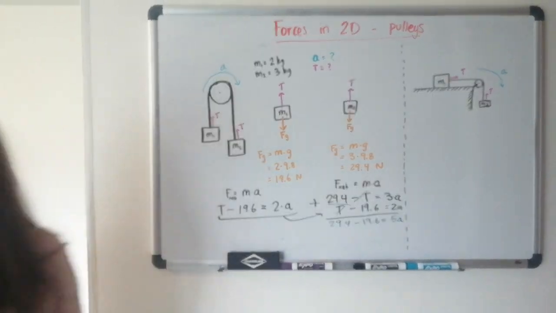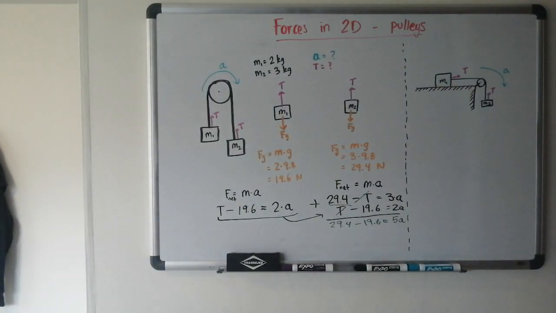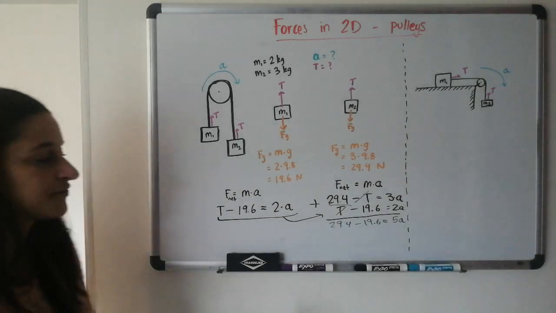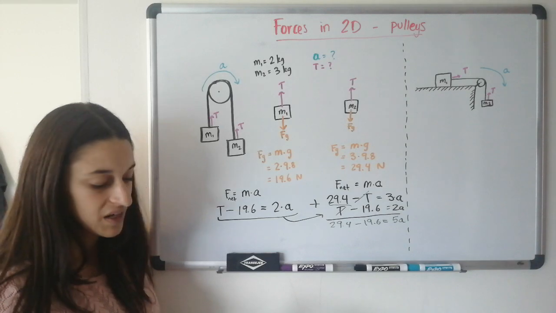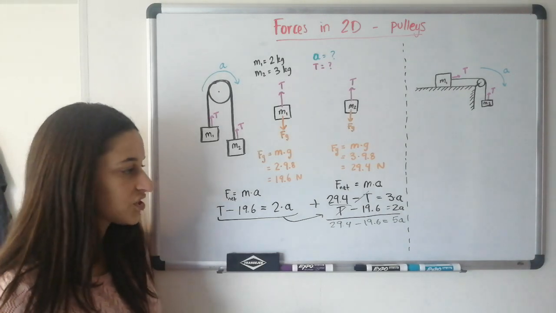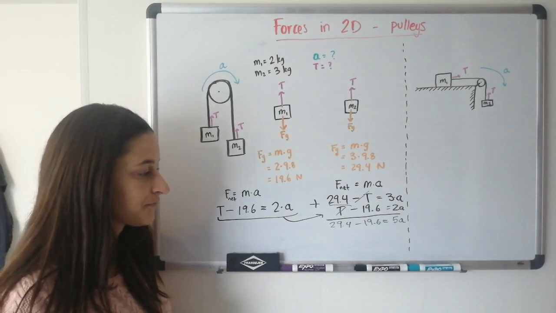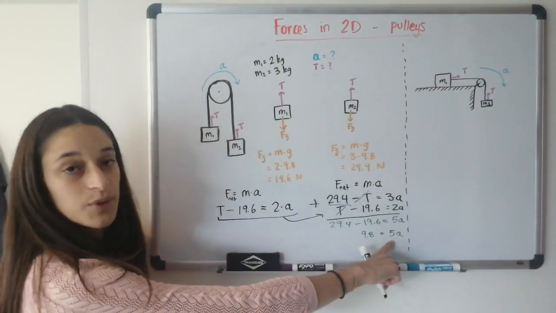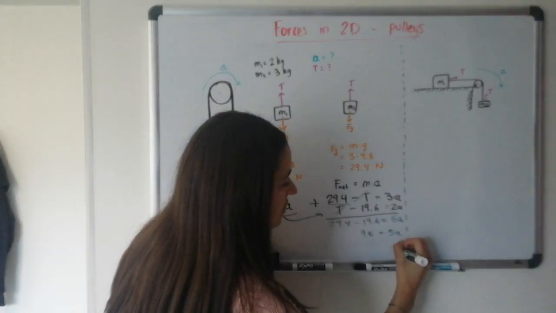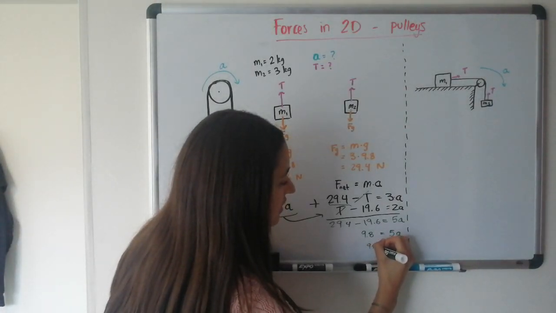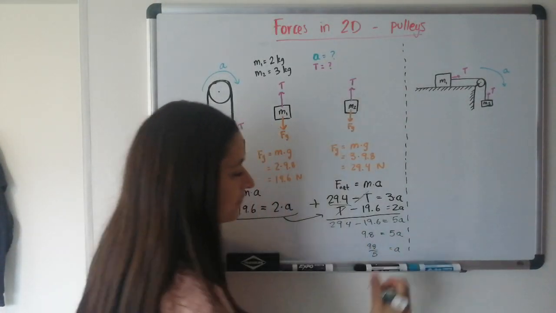That's when we get our calculator and solve this left side. So we have 29.4 minus 19.6, which gives us 9.8. So on this side we have 9.8, and on this side we have 5a. Therefore a is, and we pass this 5 to divide to the other side, 9.8 over 5.